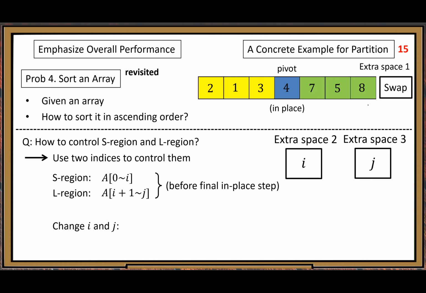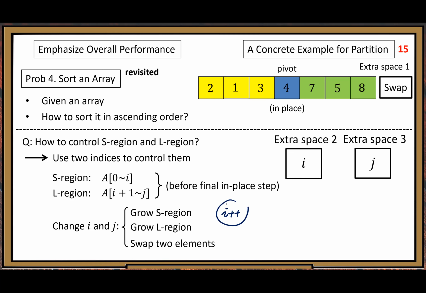To change I and J, when we grow the S region and L region, we swap two elements. When we swap, I plus, so we grow the S region.